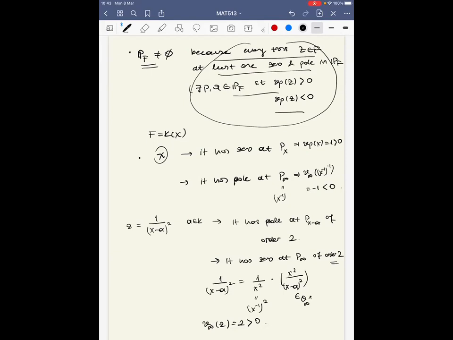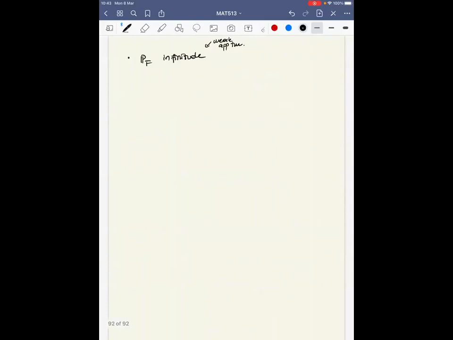But the other question, do we have finitely many or infinitely many poles and zeros for a given transcendental? And we will answer this question in the next 2 lectures. And we will see that every transcendental, actually every function, has only finitely many zeros and poles.